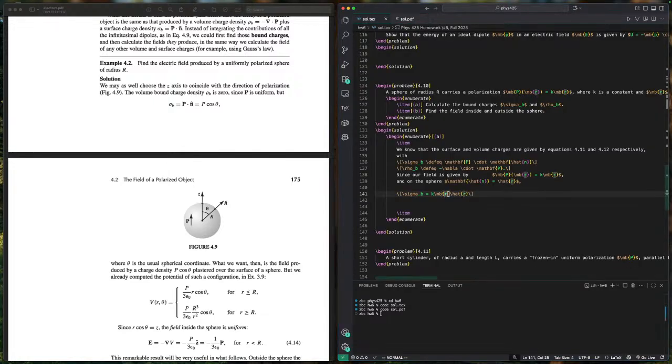Okay, and so the actual value is just equal to kr. Yeah.